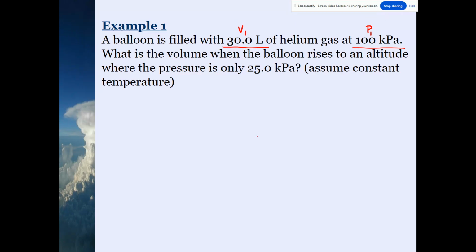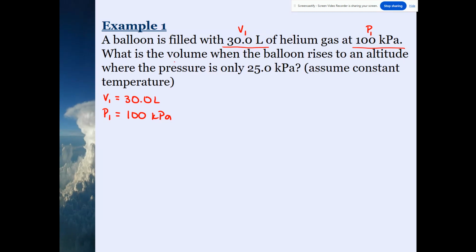Okay, so you could go and list your variables. V1 is 30 liters, P1 is 100 kilopascals. I label them in the question, so if you don't label them down here, it's okay, it depends on your teacher.